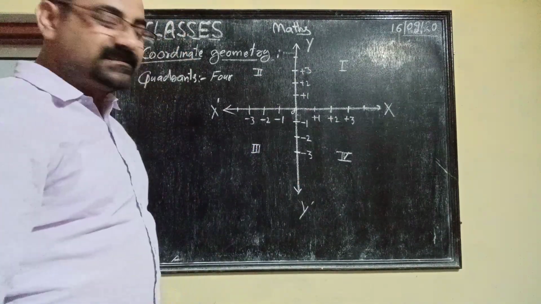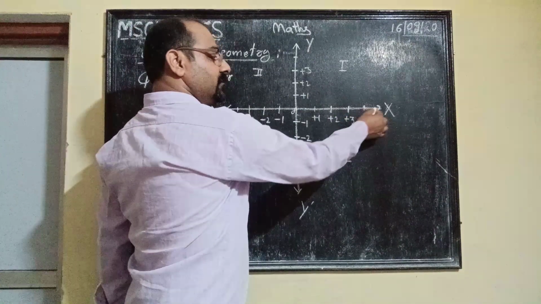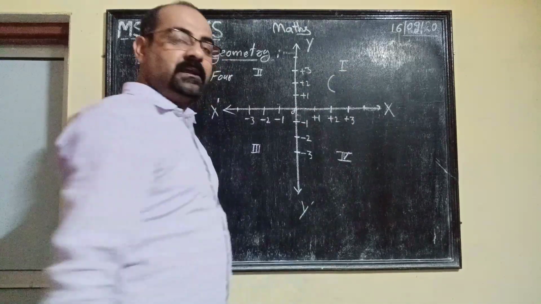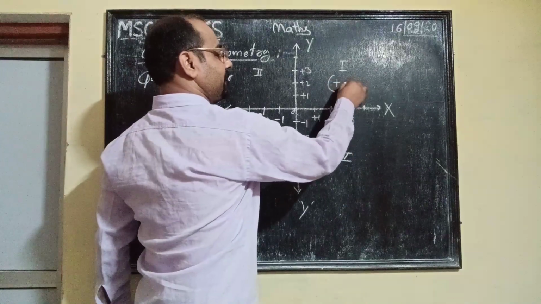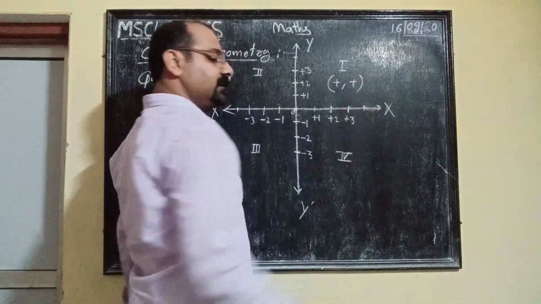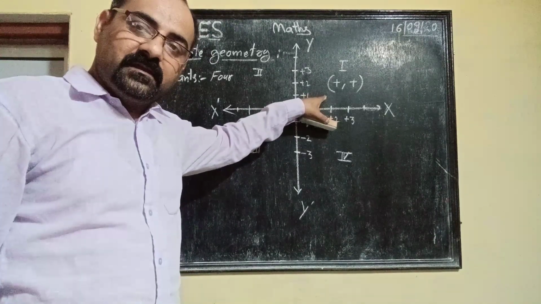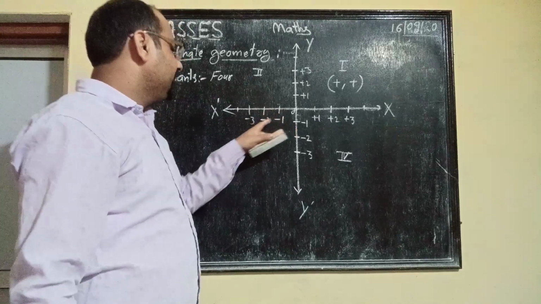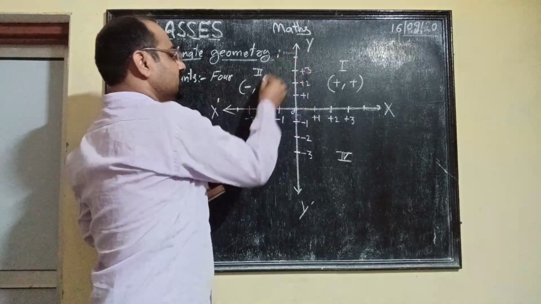Now we see in the first quadrant all the points will be positive. So coordinates in the first quadrant are positive. Right. The coordinates of the first quadrant will be positive, and in the second quadrant we see the value of X is negative and value of Y is positive.